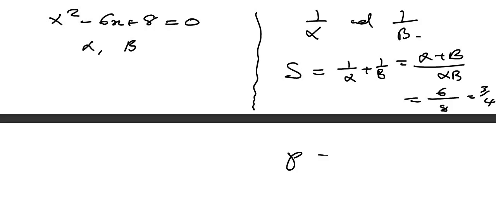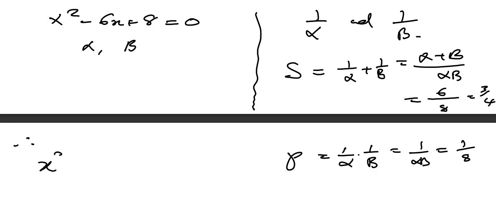Then the product is 1 over alpha times 1 over beta. This is 1 over alpha beta. We know the product alpha times beta is 8, right? So we're going to have 1 over 8. So the quadratic equation with 1 over alpha and 1 over beta as the roots is going to be as follows.